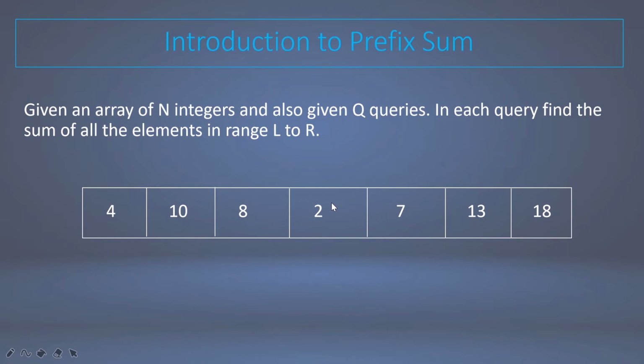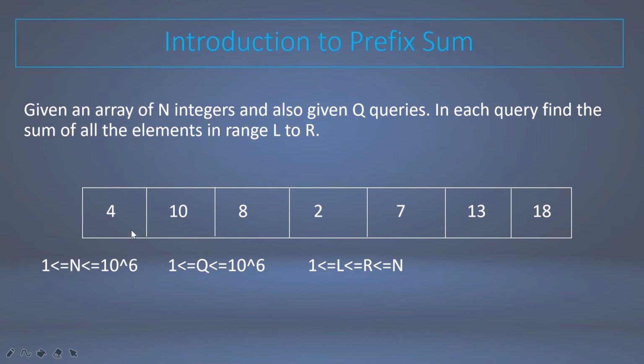But you can't do it this way because there is a problem. In these problems the size of the array, which is n, can be in the range from 1 to 10 to the power 6. The number of queries also can be in the range 1 to 10 to the power 6, and L and R should be inside 1 to n.